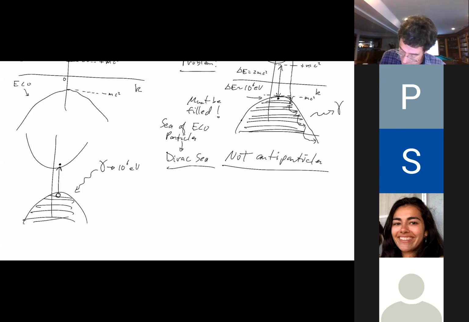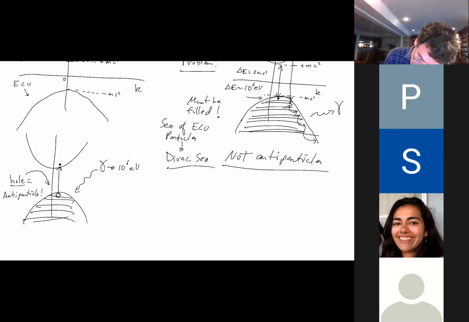That's what he predicted. Now, what is this hole? The hole that gets left behind, what do we call it? Antiparticle. Yes. That is the antiparticle.